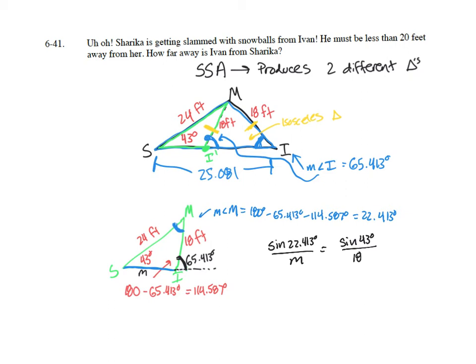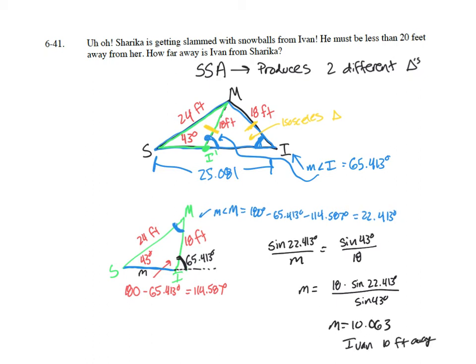All of that work was to set up the law of sines to solve for that missing side length from S to I. So as I go to solve for m, I'd cross multiply, and then I would end up dividing, and I'd get that m is equal to 18 times the sine of 22.413, all divided by the sine of 43 degrees. And now when I type that into my calculator, I get that that distance m is 10.063. And so that means that Ivan was 10 feet away, roughly, from Sharika.